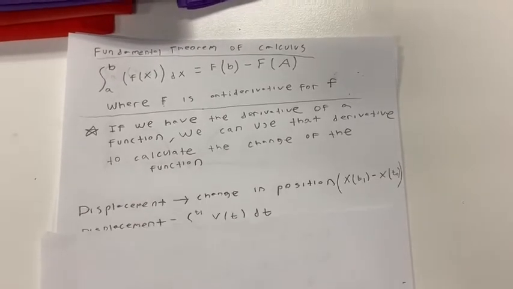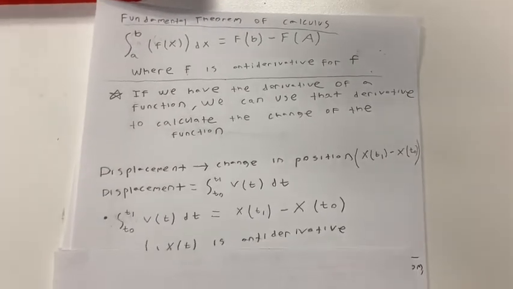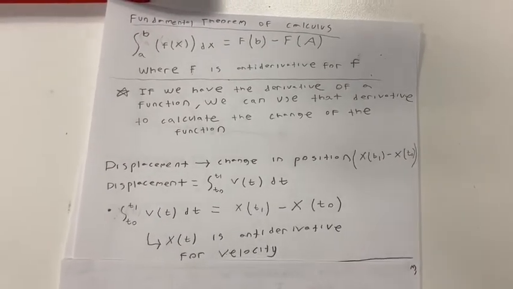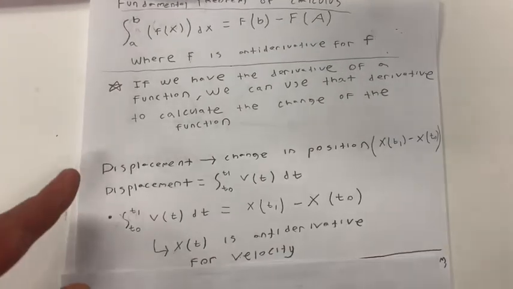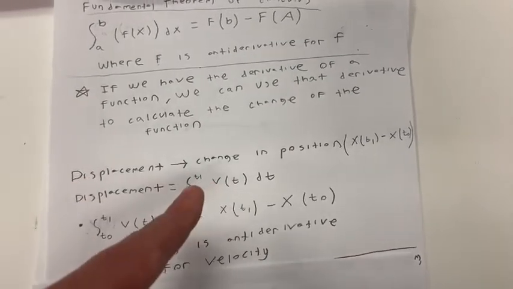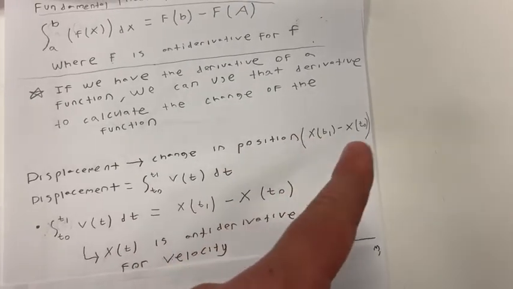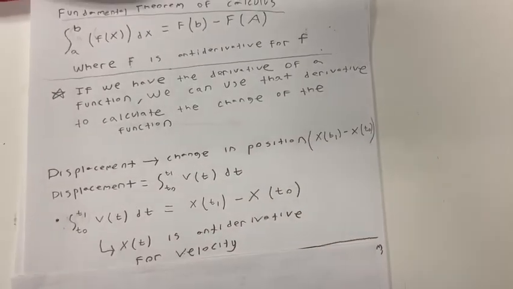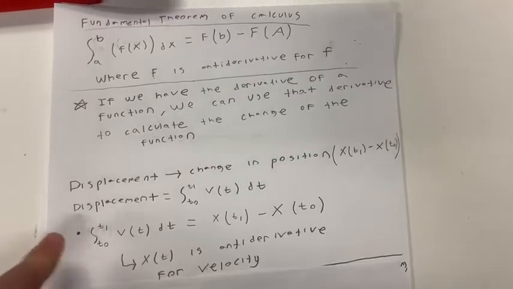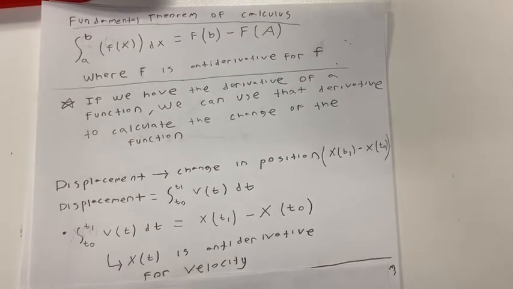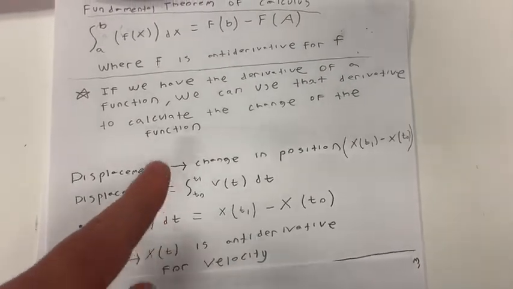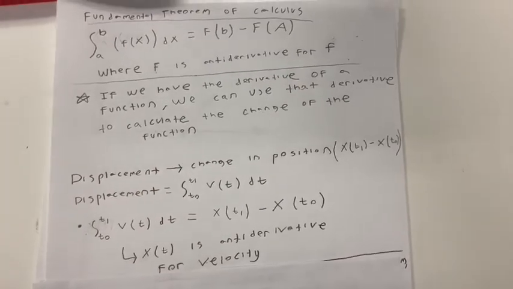So with displacement, we are doing something pretty much the exact same, but with particle motion. As we saw, displacement is the change in position, aka x of t1 minus x of t0. And we saw that displacement equals the integral of velocity from time 0 to time 1 dt.